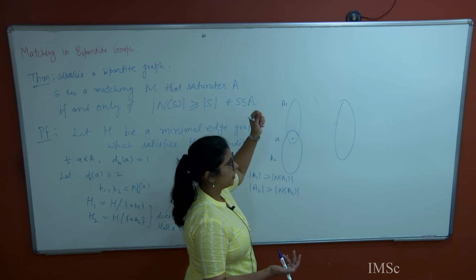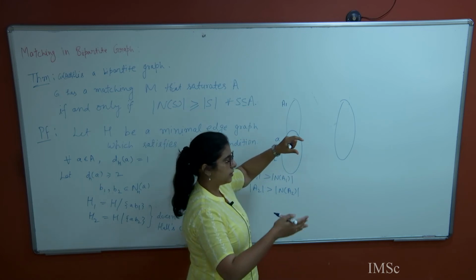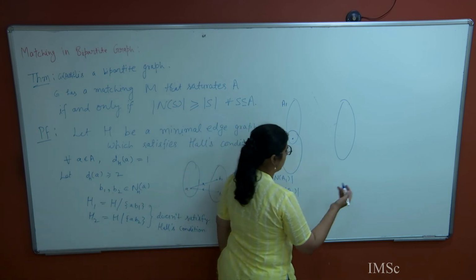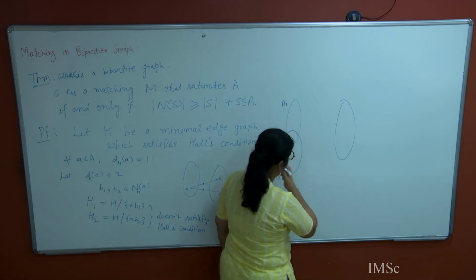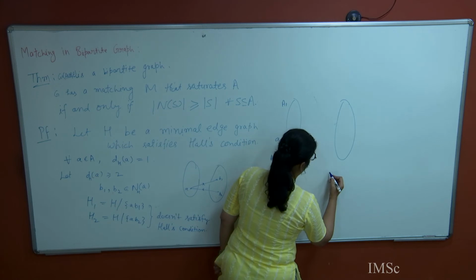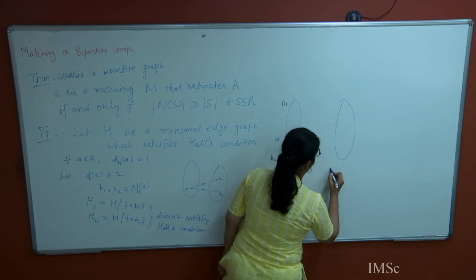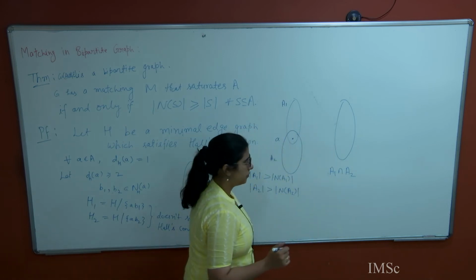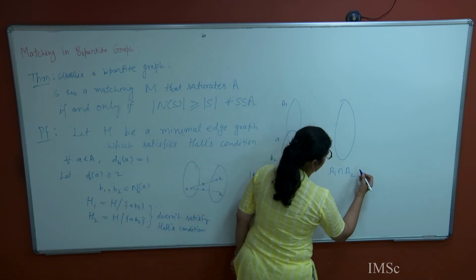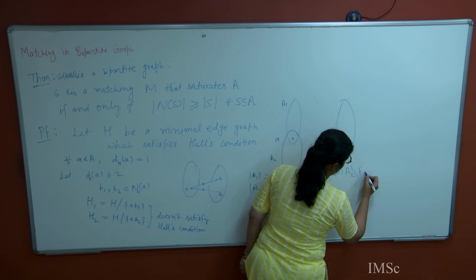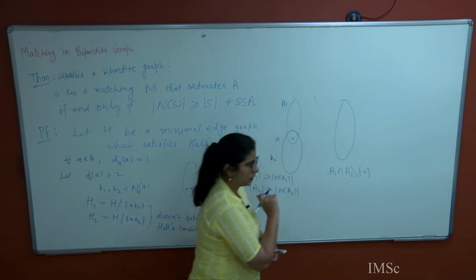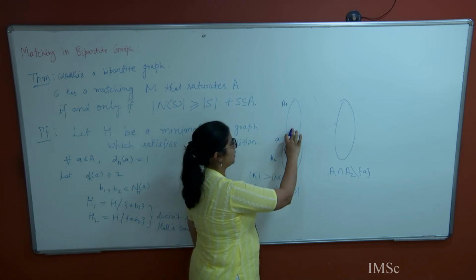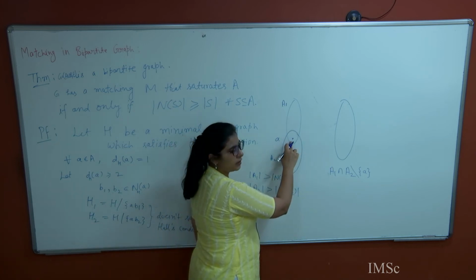Then I will say that this subset was in H as well, and now it fails Hall's condition. So, I will take A1 intersection A2 and remove the vertex A from this.